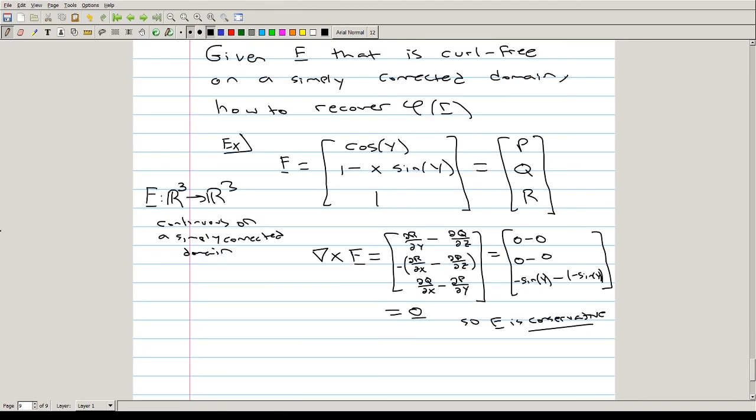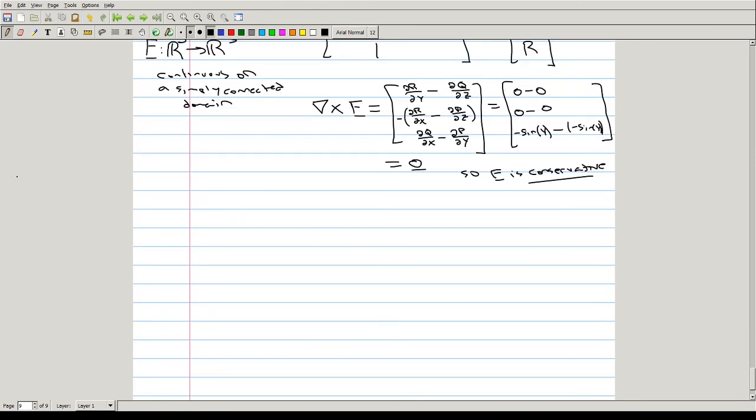And what's really nice about this is that we know this is going to be equal to the gradient of some phi. So this vector field PQR will be equal to, right, P is the x partial derivative of phi.